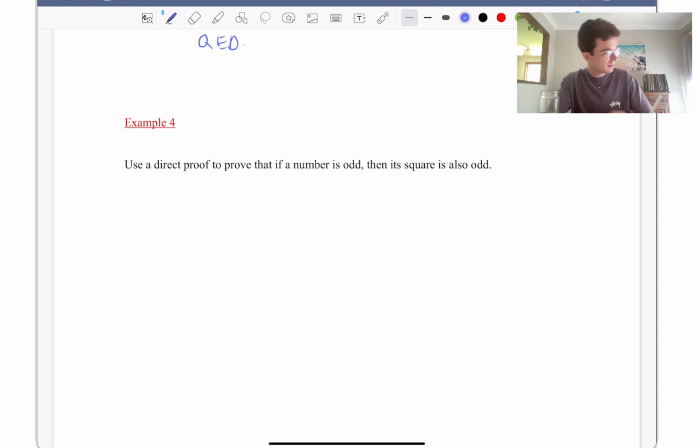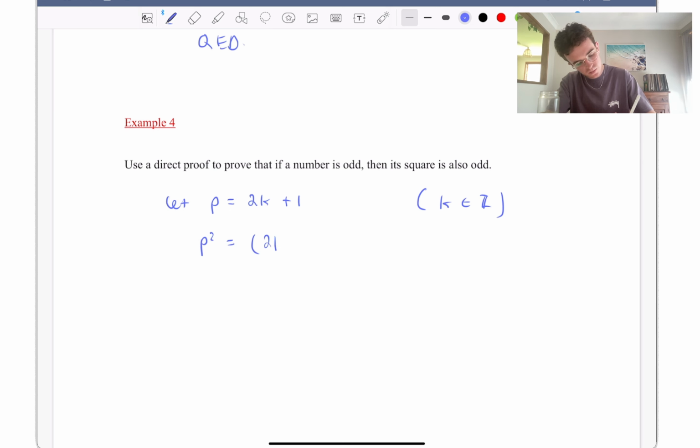So let p equal an odd number. An odd number is always 2 times something plus 1, for some integer k. Let's square it. p squared is (2k plus 1) squared, which is 4k squared plus 4k plus 1. Now we might just factor out 2, and we can say this is 2(2k squared plus 2k) plus 1.